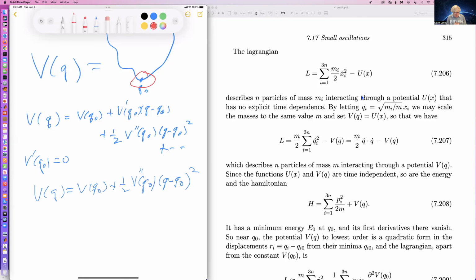And consequently, what you've got is a harmonic oscillator at Q0.